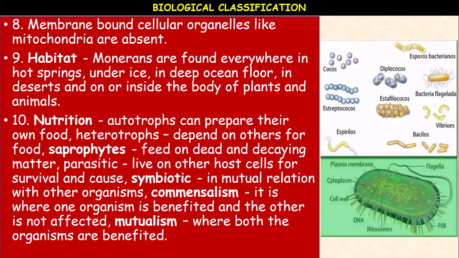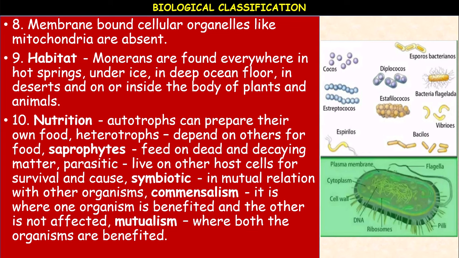Nutrition. There is a lot of variation in the nutrition of these monerans. They are autotrophs, they can prepare their own food. The heterotrophs depend on others for food. Saprophytes feed on dead and decaying matter.